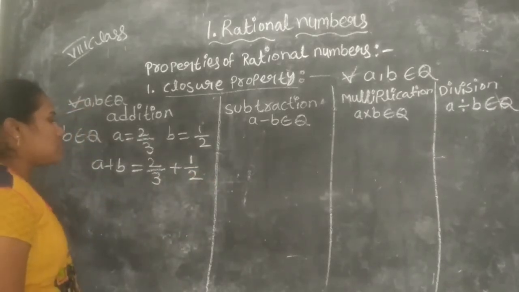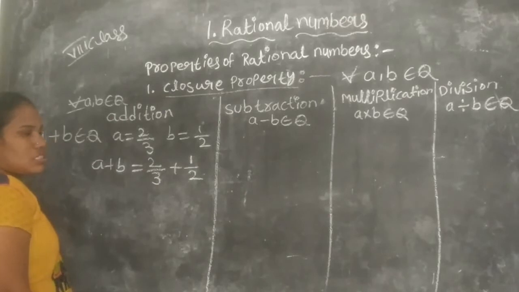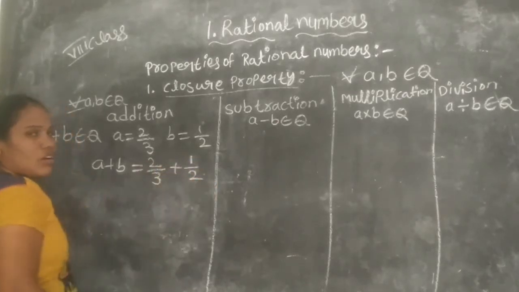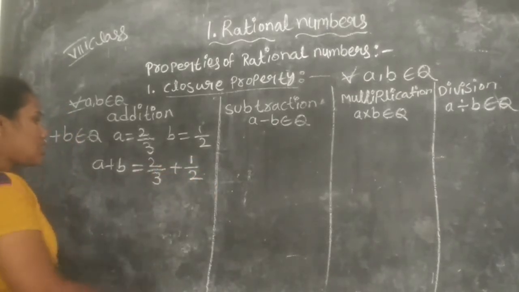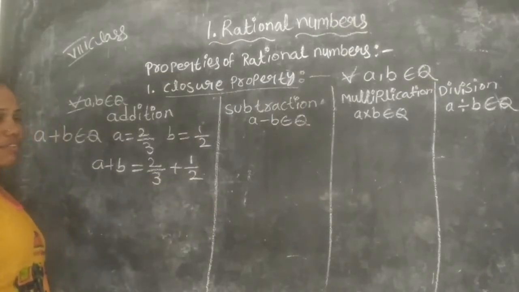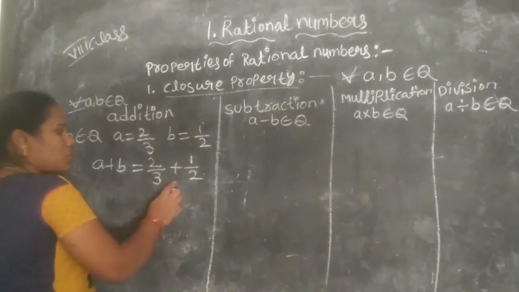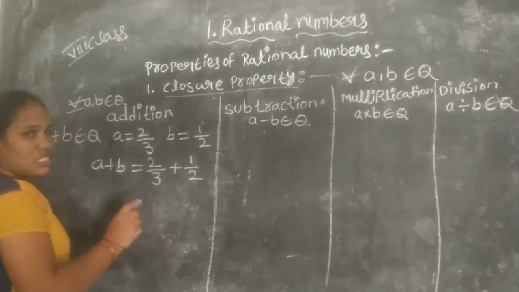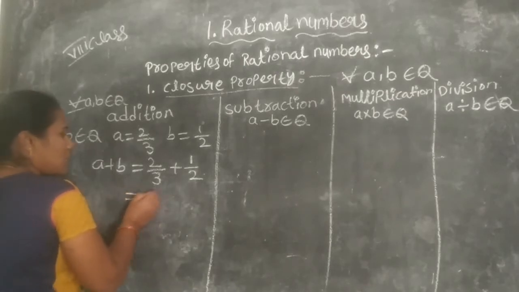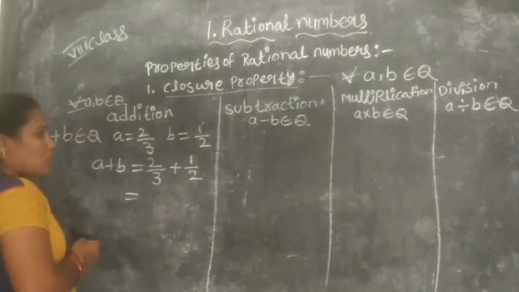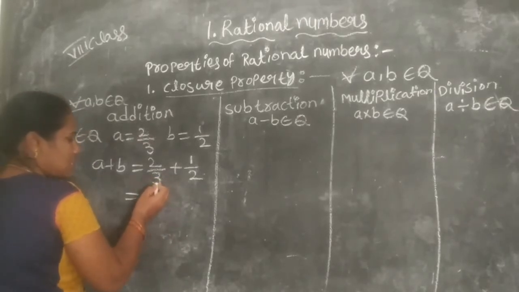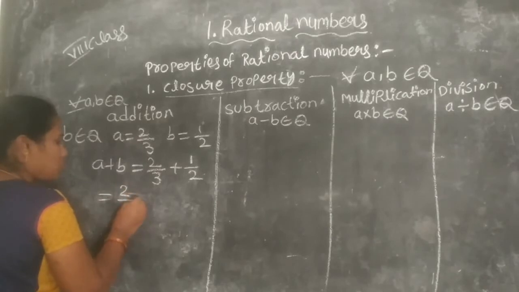How to add these fractions? We already discussed this. First we have to equalize the denominators, then add the numerators. Here is the 3 and here is the 2. So first we have to equalize the denominators.